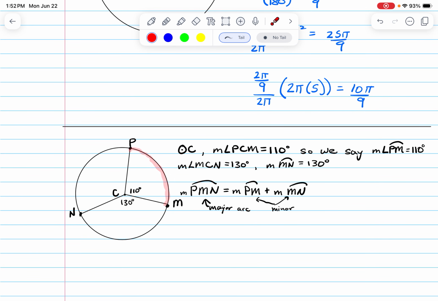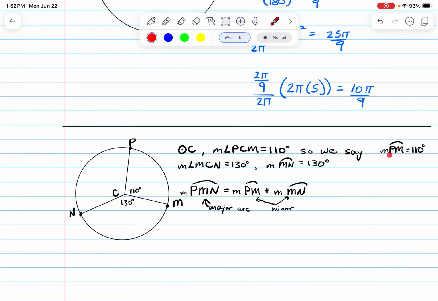When I put an m in front of it, that's an angle-like measure. When we talk about this arc PM and we talk about the measure of that arc, we're not talking about the arc length.